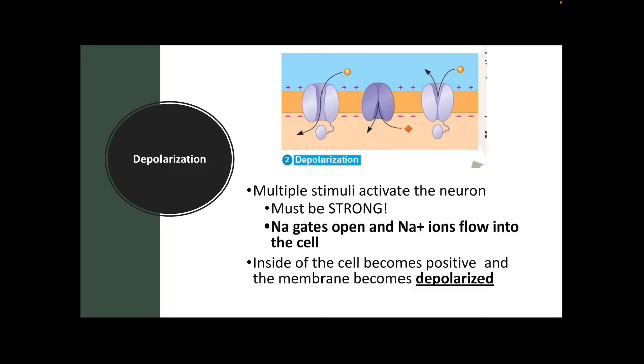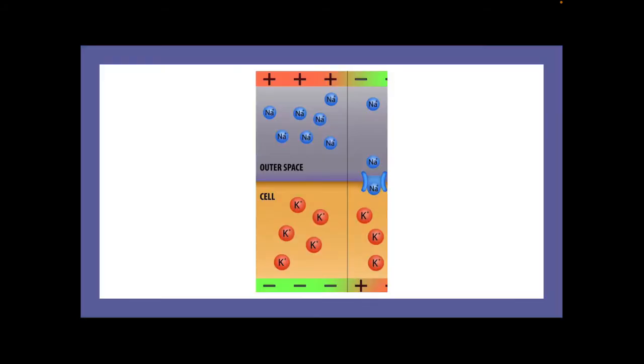Therefore, the inside of the membrane is now more positive than negative, and the neuron membrane is now called depolarized. Now you have a similar charge between the outside and the inside. It's no longer more negative on the inside. It's more positive because of the rush of sodium ions that come in. You can see in this image, on the right, the sodium ion channels that open up and the sodium coming into the cell. Therefore, the inside of the cell that was usually negative is now turning more positive.